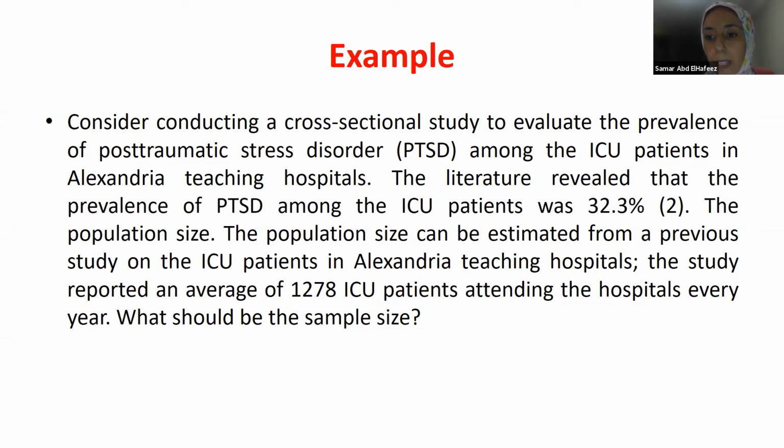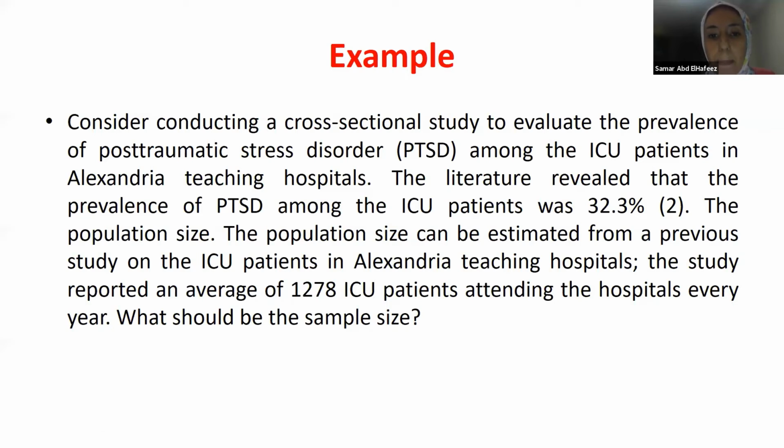The literature revealed that the prevalence of post-traumatic stress disorder among ICU patients was 32.3. The population size is estimated from a previous study on ICU patients in Alexandria Teaching Hospitals, which reported an average of 1,278 ICU patients attending the hospital every year. So what should be the sample size?